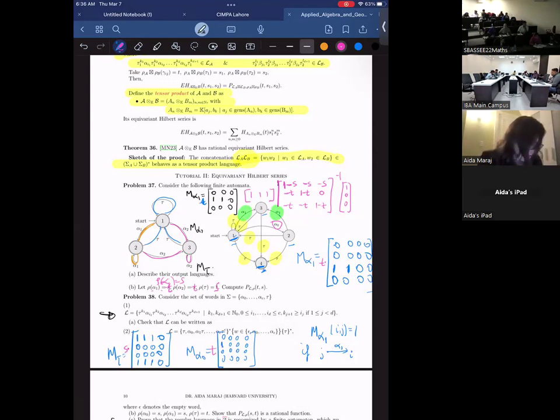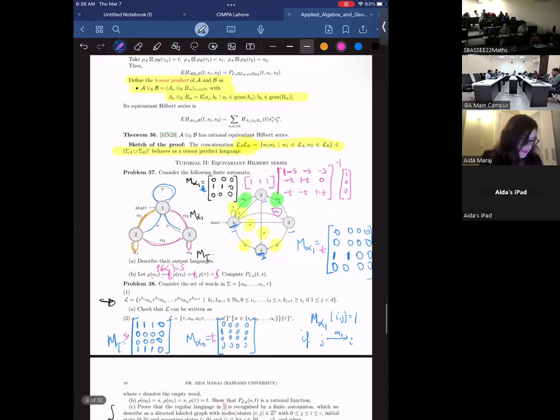The weight does not matter: the rationality result does not depend on the weight, as long as it comes from an automaton. Then you take the sum of all this, and you take the inverse, and you multiply by the standard vectors in this case, and you get the answer.